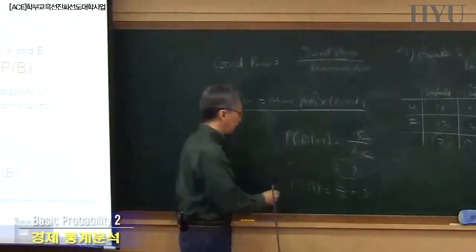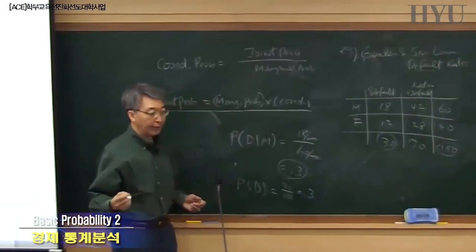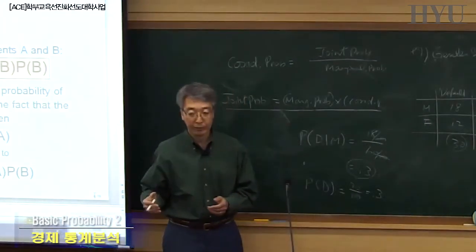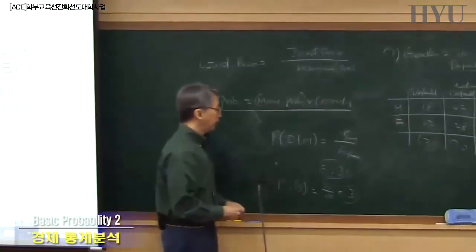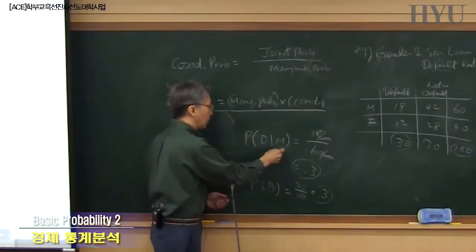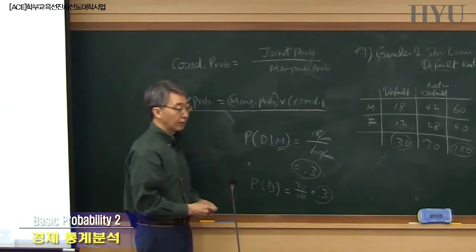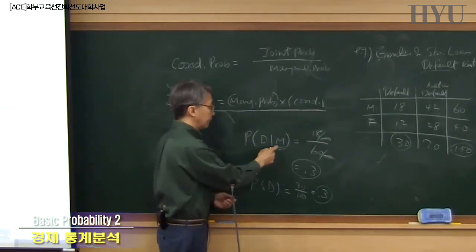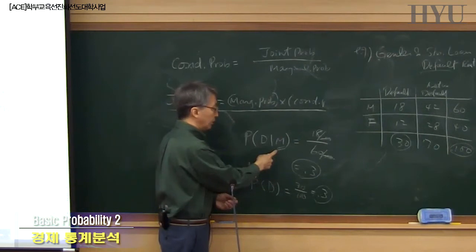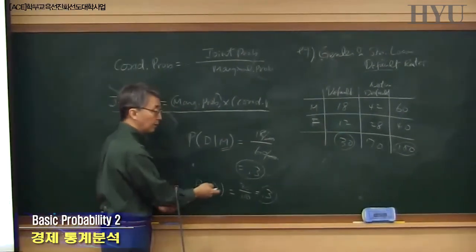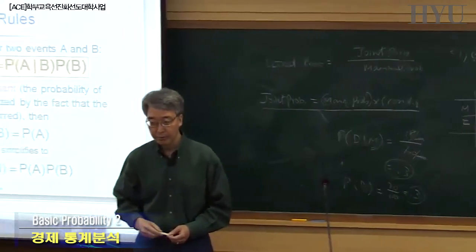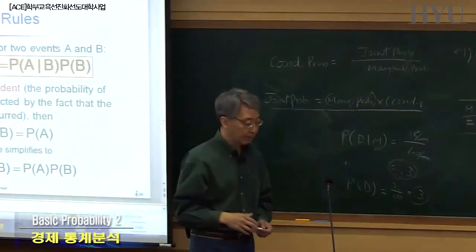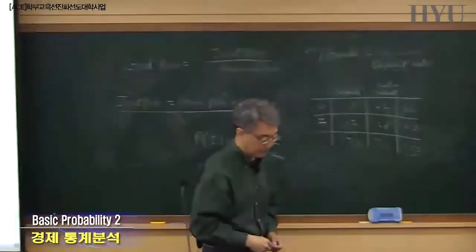But the probability of being in default anyway, whether you are male or female, is also 0.3. So whether the condition is satisfied or not, in other words whether the person was male or female, didn't make any difference in the probability of default. That's the idea of independence. Okay?